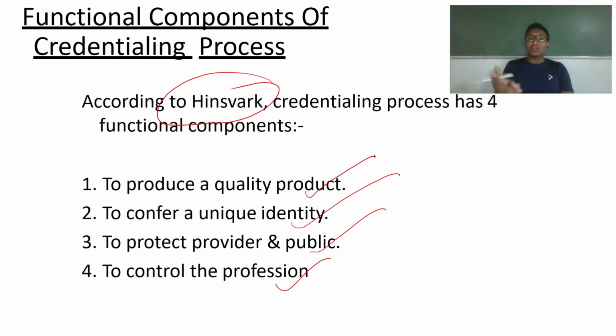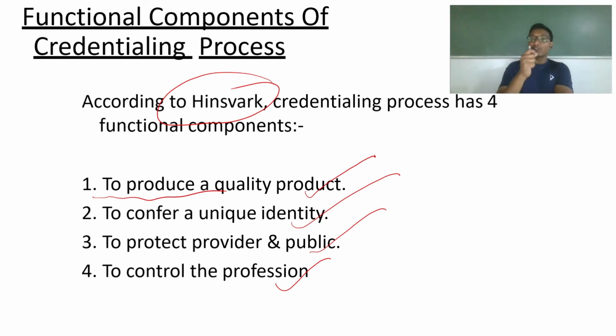So the first one, mainly, is to produce the quality product: whatever care they are giving, whatever recruitment they are doing, whatever professional bodies are working there, all should be in a quality manner. They should have a particular unique identity, and they want to protect both the provider as well as the public. How can we protect the public?